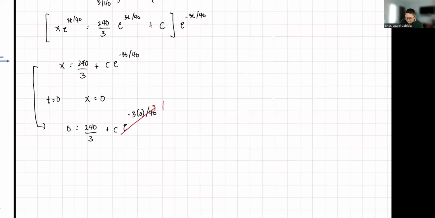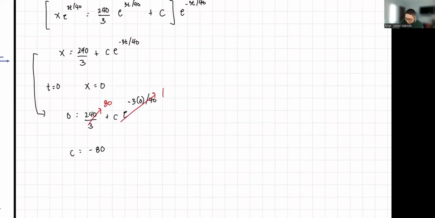Okay? So, we will have a value of c is equals to 240 over 3 is exact, ano? That is equal to 80. No? So, magiging negative 80 yung value ng c natin. So, now, meron na tayong value ng x is equals to 80 minus 80 e^(-3t/40).